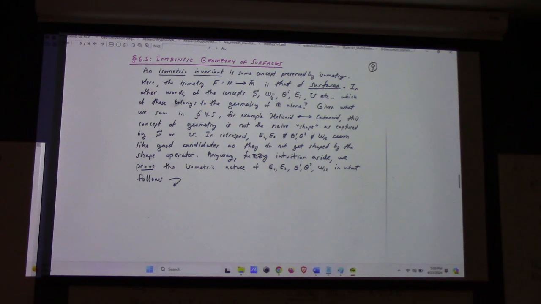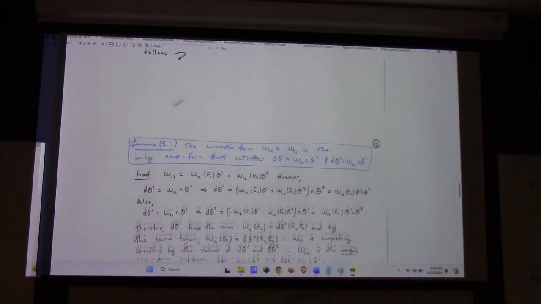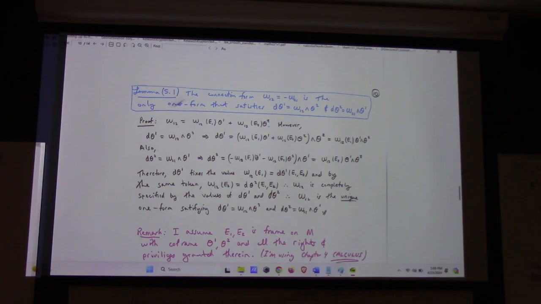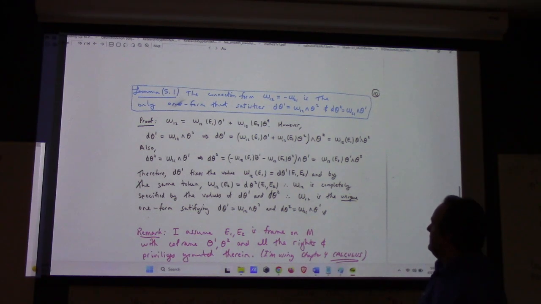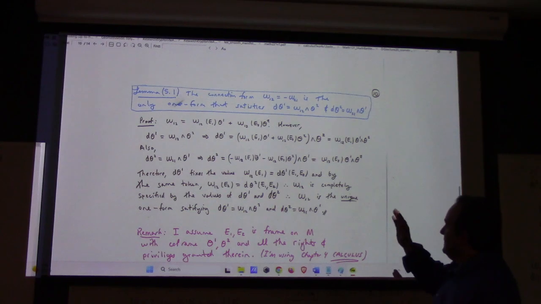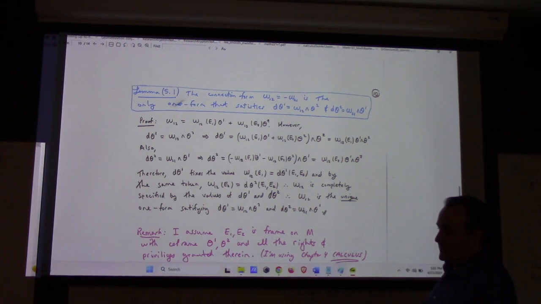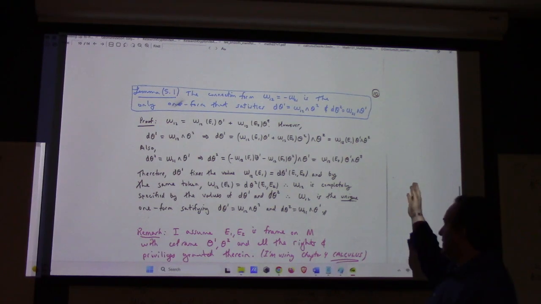So let me show you. The first observation is simply that a connection form, omega 1, 2, equals minus omega 2, 1, is the only one form that satisfies the exterior derivative of the coframe equals that and that. Those two equations uniquely define omega 1, 2.